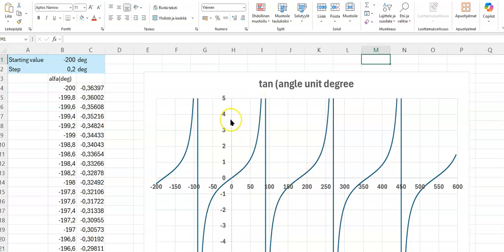But you can see that these vertical lines are some kind of asymptotic lines.